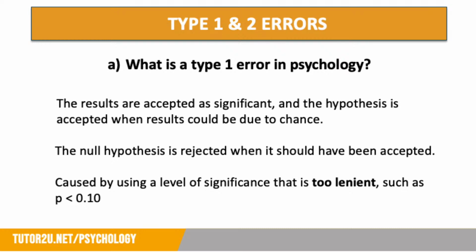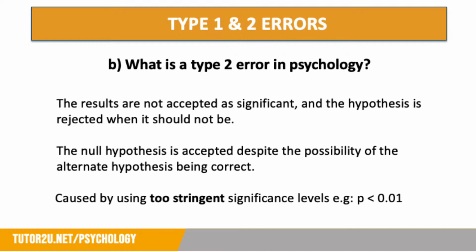Let's take a look at type 2. A type 2 error is basically the opposite. We don't accept our results as being significant and we reject the hypothesis when it should not be. So we accept our null hypothesis despite the probability that there actually was something in our results. Whereas a type 1 error is a significance level that's too lenient, a type 2 error happens because we're being a little bit too strict. We always say the most commonly used level of significance in psychology is 5%, and that's pretty standard for research.